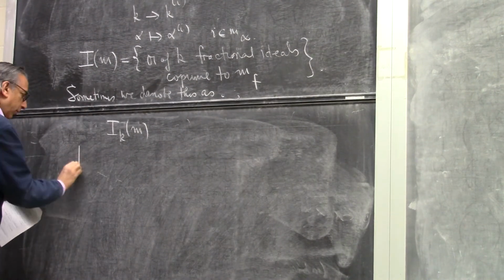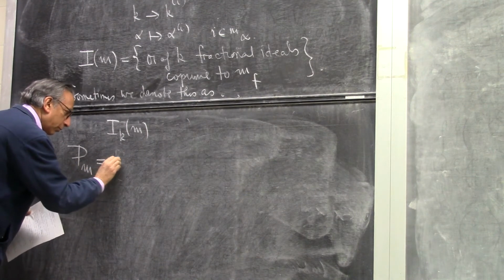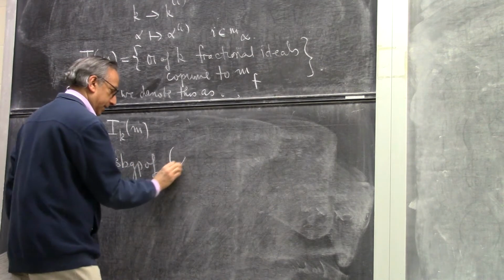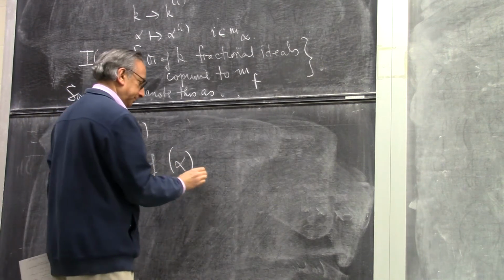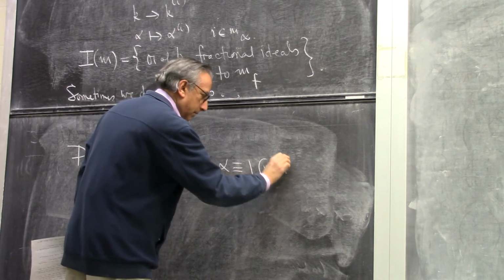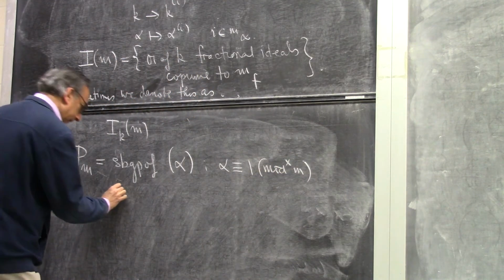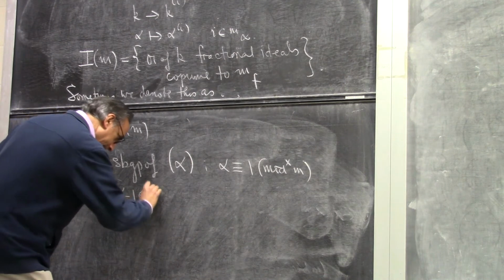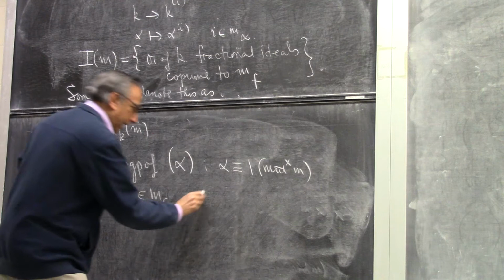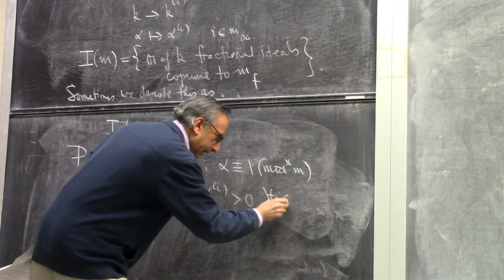Inside here we have, of course, P_m, the subgroup of principal fractional ideals (alpha) with alpha congruent to 1 mod* m. What that means is alpha minus 1 is in the finite part of m, and alpha_i is positive for all i in m_infinity.